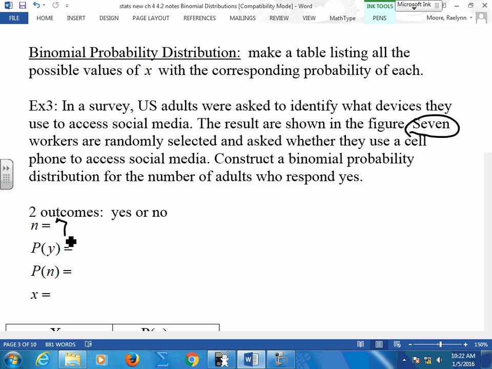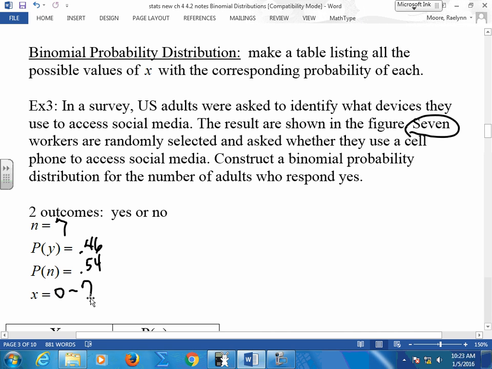Read that little tablet. What's the probability that they use the cell phone? 0.46. That's our success. We don't care what else they used, just that it wasn't a cell phone. So what's 1 minus 0.46? Good. And our successes are going to be from 0 to 7.